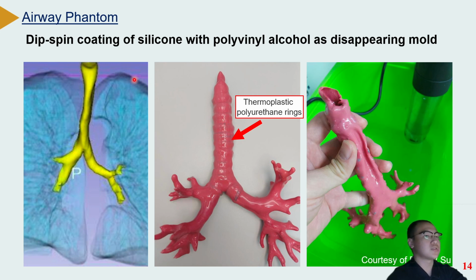Then, in order to observe the OCT image of dynamic breathing, I made a silicone airway phantom.